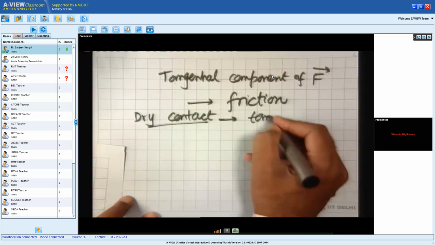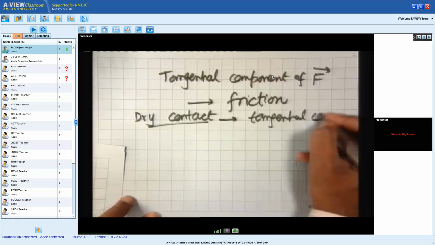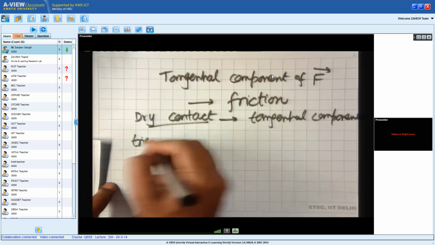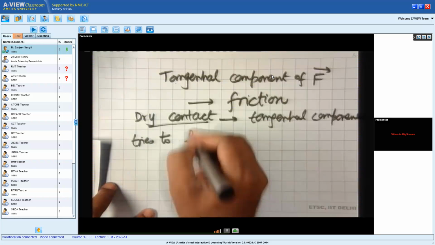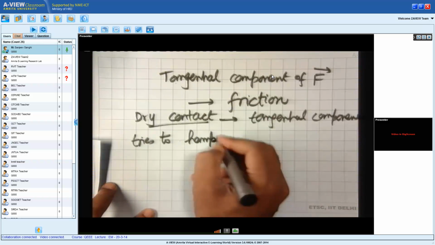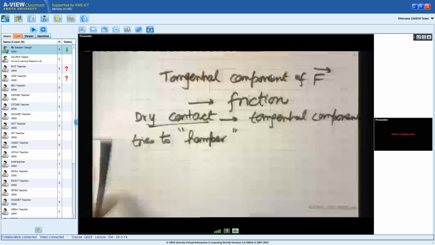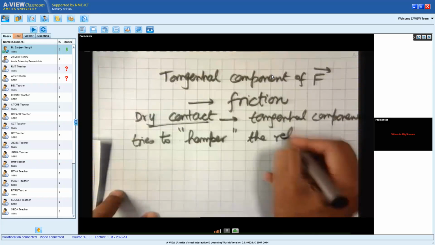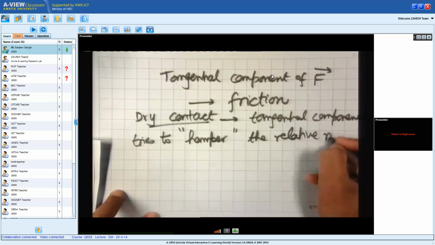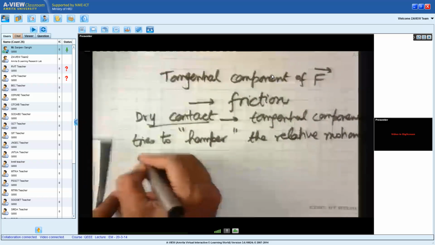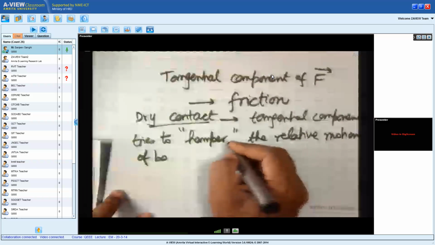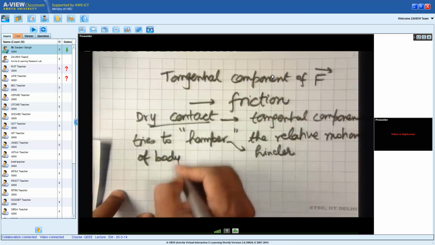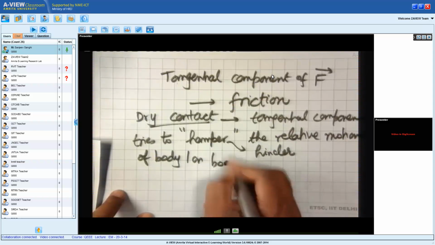What we will realize is that when we have dry contact, the tangential component tries to hamper, or I can use the word hinder, the relative motion of body 1 on body 2.